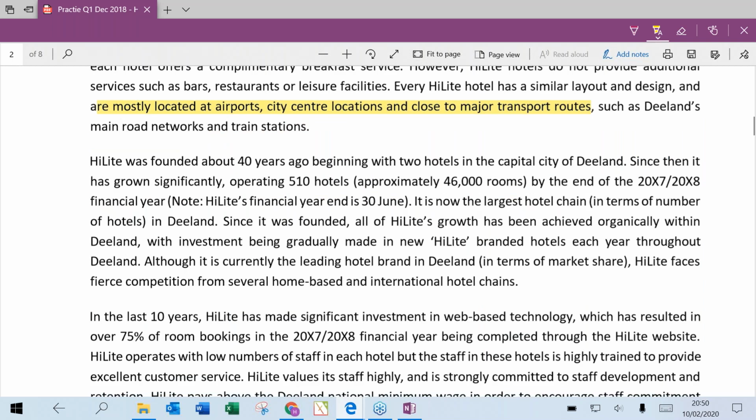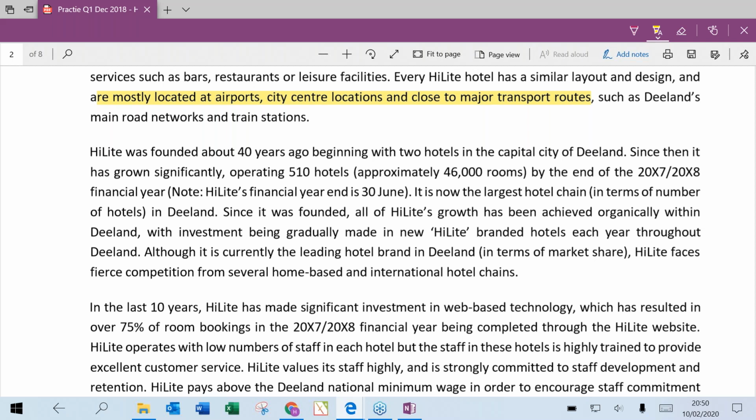Highlight was founded 40 years ago. Wow. Beginning with two hotels in the capital city of D-Land. Since then, it has grown significantly, operating 510 hotels, approximately 46,000 rooms by the end of the 20X8 financial year. Note, Highlight's financial year end is 30th June.